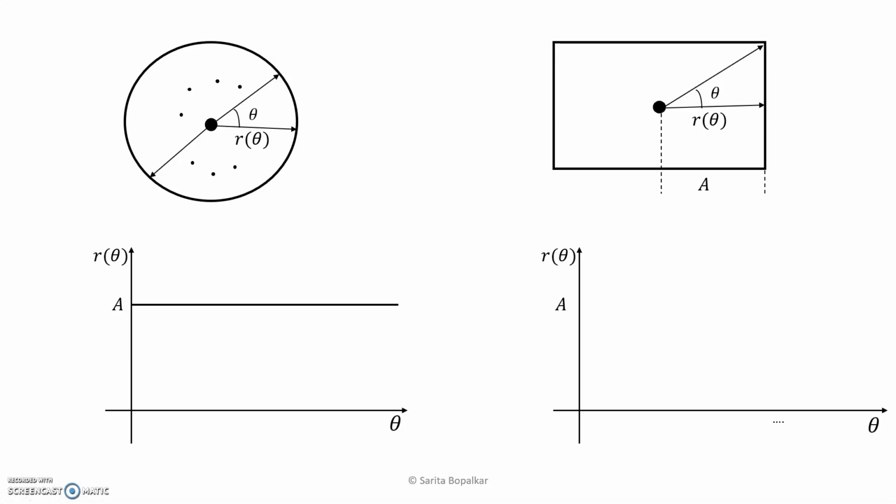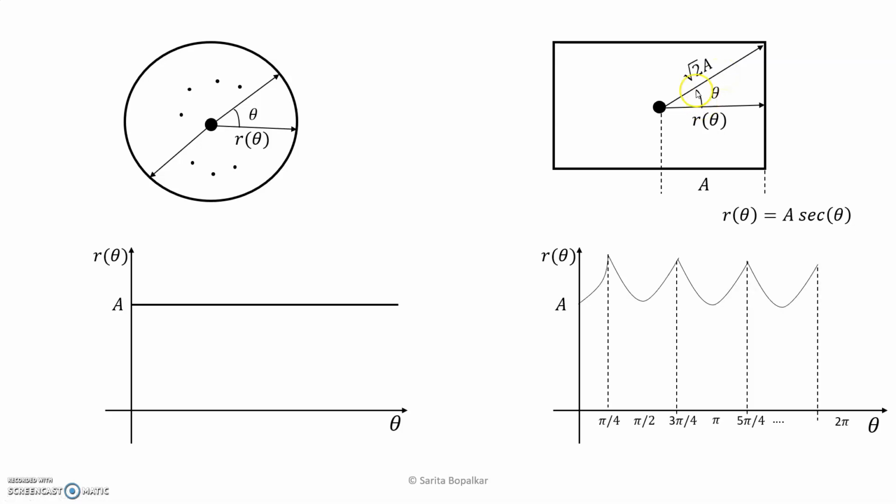Let theta be pi by 4 here and measure r of theta. What is r of theta? This is a, so this is a sec theta, so it will become root 2a. Again we will take pi by 4 angular displacement and calculate r of theta. Again we take pi by 4 displacement and calculate r of theta. Like this, at every pi by 4 displacement we will calculate r of theta and plot it.